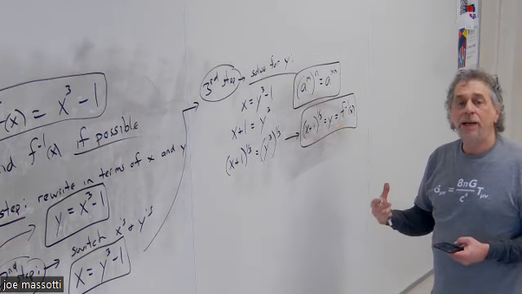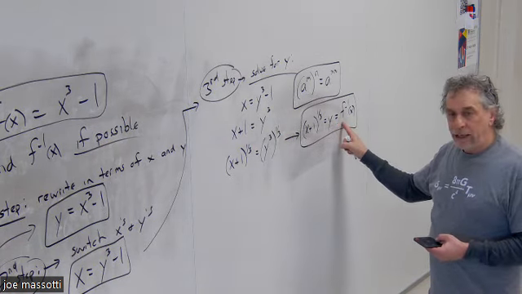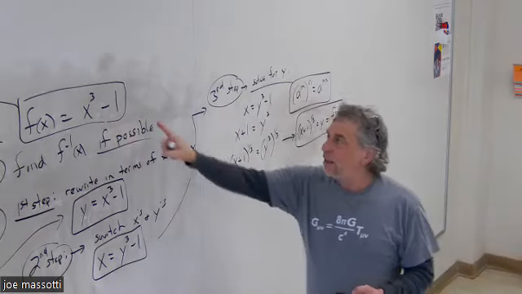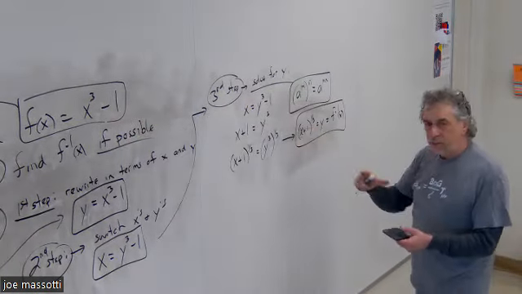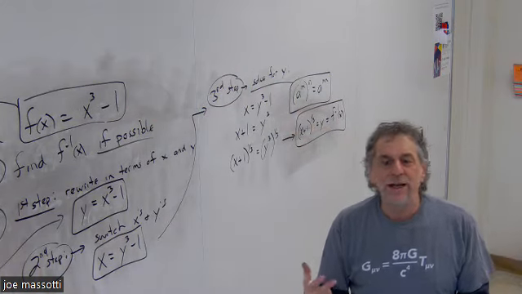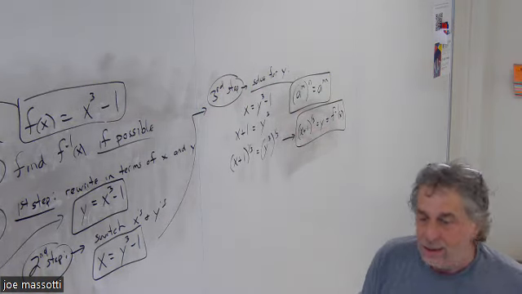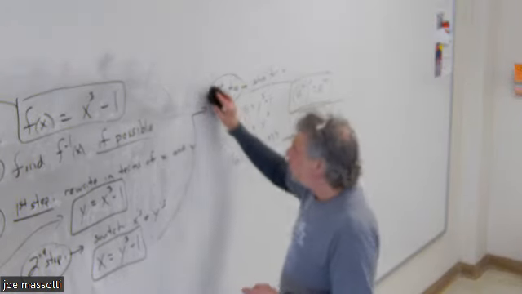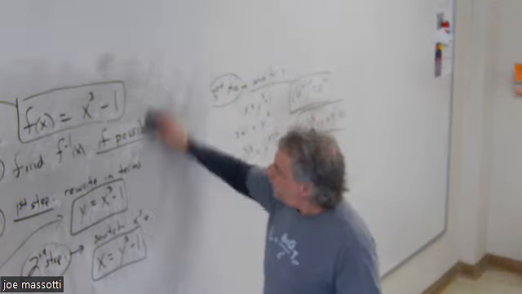So now I can do the same thing I did earlier to check, right? I can compose this with this, and I can compose this with this in both directions. If they come out to be x, then I know that I got the correct function. Right? So I'm going to erase everything other than the functions that I just came up with.